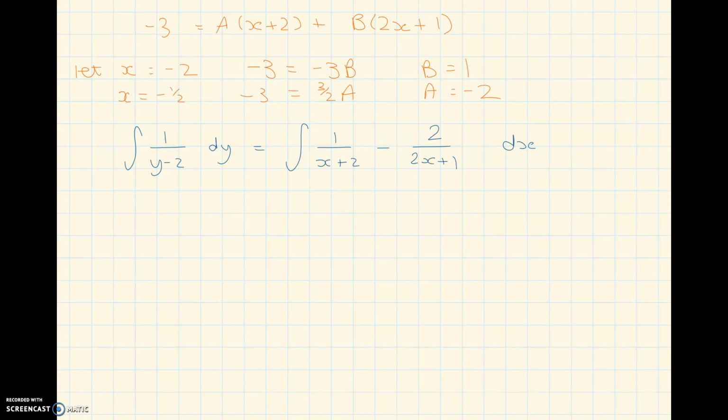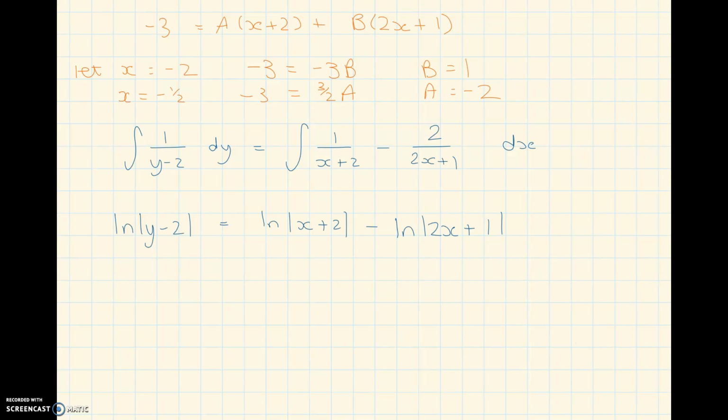And if I integrate that, I'm going to end up with log of y minus 2 equals log of x plus 2 minus, this one is going to be 2 log of 2x plus 1, but then remembering the chain rule, I have to multiply it by the derivative of that, which is a half, so the 2 will cancel out, if you like. And then we've got a constant.